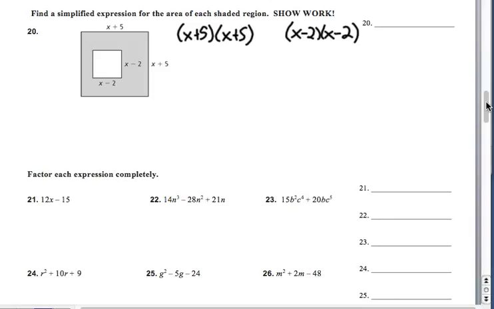So you know how to set this up. And now both of those are just foiling problems. x times x, x times 5, x times 5, and 5 times 5. Then, of course, combine your like terms.